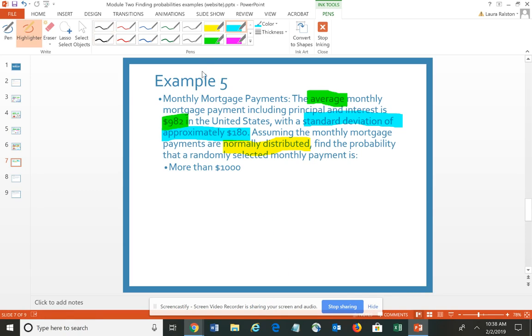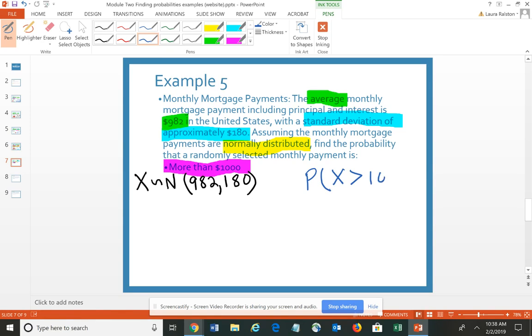Writing that in our shorthand notation, we would have X is approximately normal with a mean of 982 and a standard deviation of 180. And then it asks us to find the probability that a payment is more than 1,000. So the probability that X is greater than 1,000.